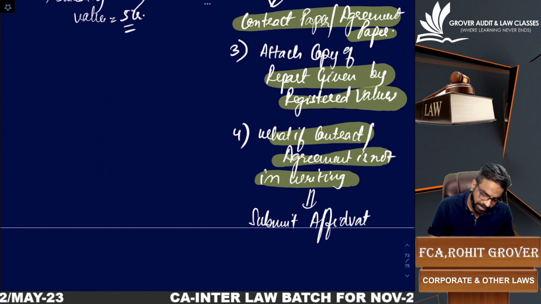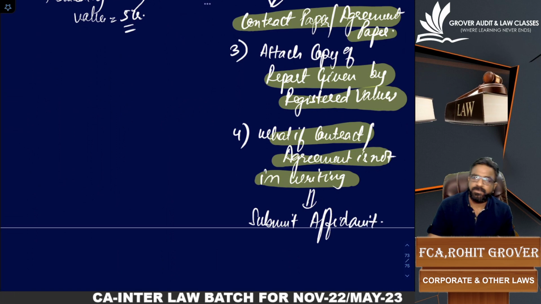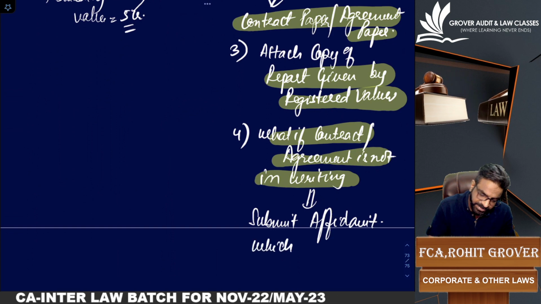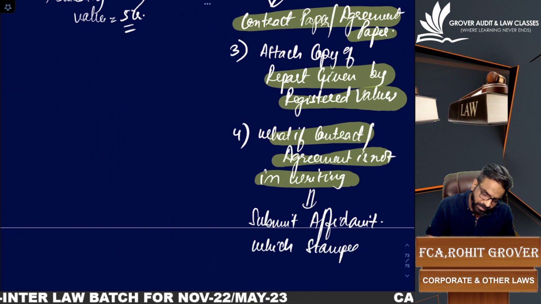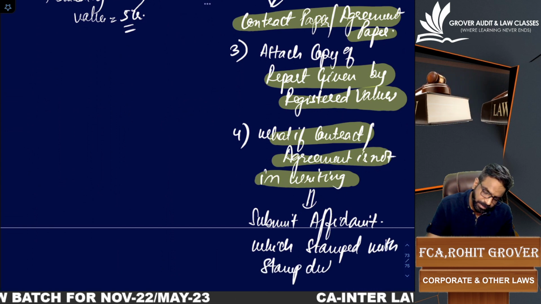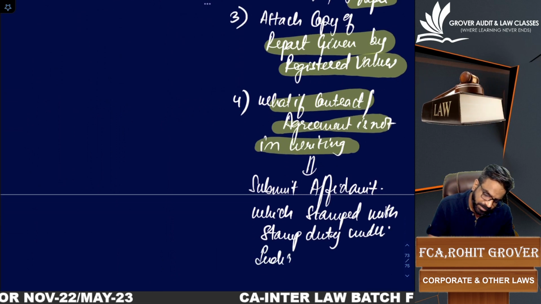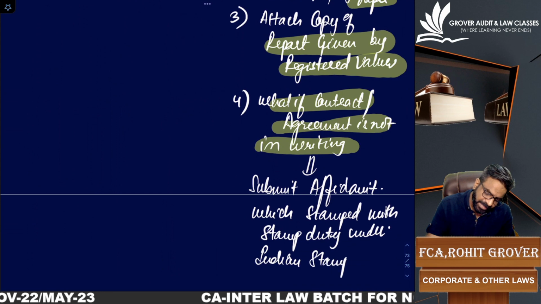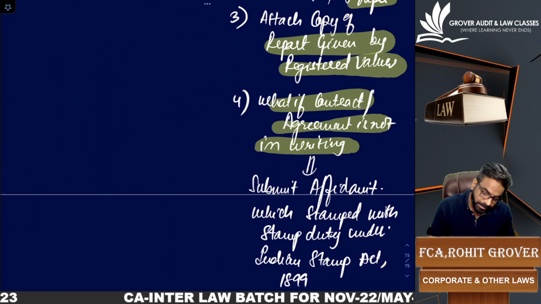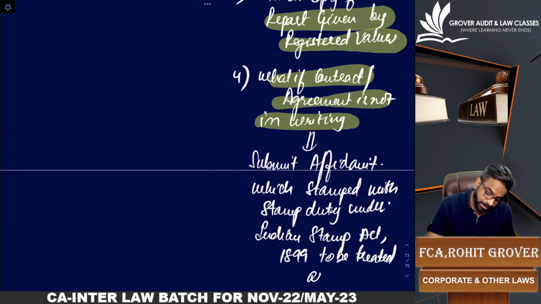We are going to submit an affidavit which is stamped with stamp duty under the Indian Stamp Act, 1899, to be treated as an instrument. Are you getting the point?